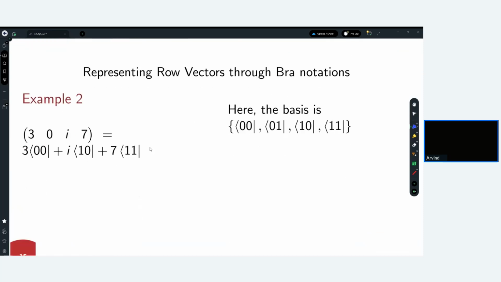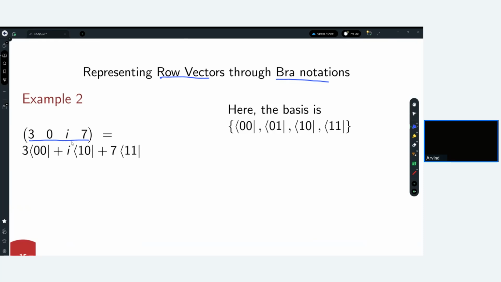Now, sometimes you are given a row vector and you need to represent it using bra notation. Let us take one example here, a row vector consisting of four different elements. Since there are four elements, we need 2 bits of information to represent the four different types of information.